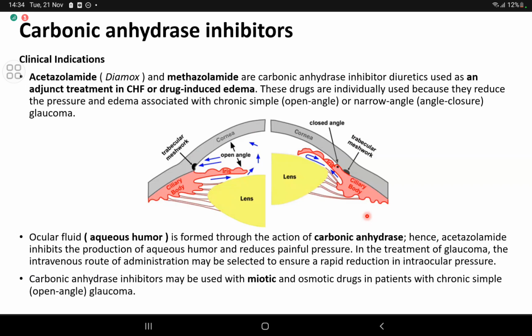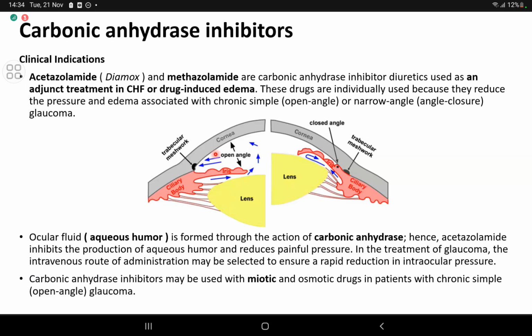Why? Because your eyeball normally produces fluid, isn't it? We call it aqueous humor. Why does your eyeball need to produce aqueous humor? Because it needs to preserve the structure of your eyeball. That's why it is always produced.